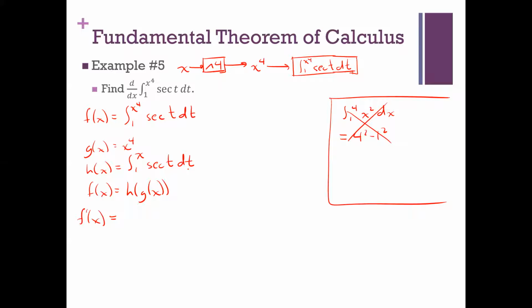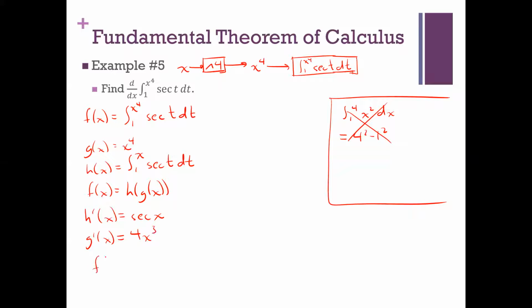Sebastian, do you have a question? Right, that's a step that I kind of missed. What is the derivative of h here? Secant x. And the derivative of g, that's something we've been doing for months now. What's that derivative? 4x cubed.